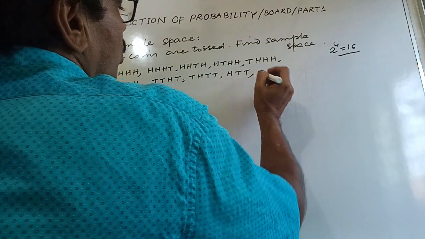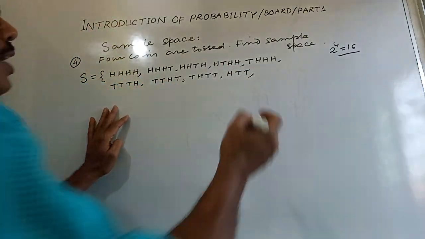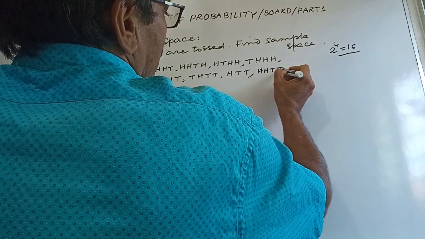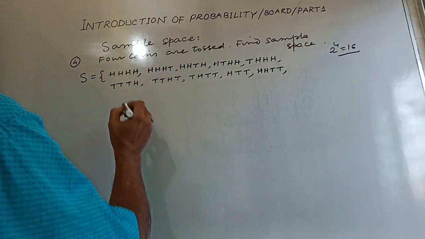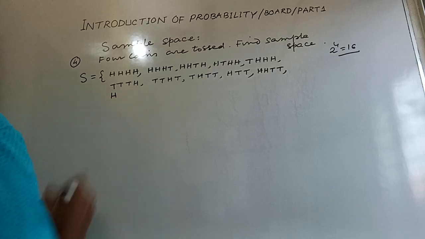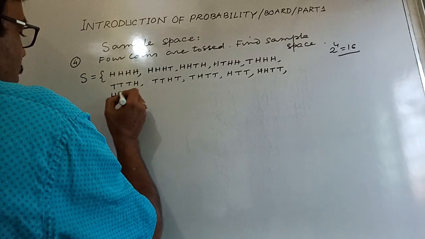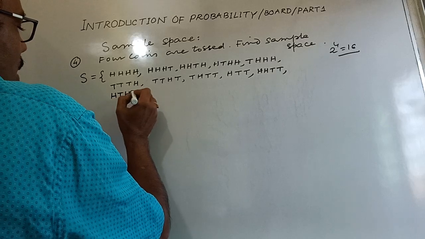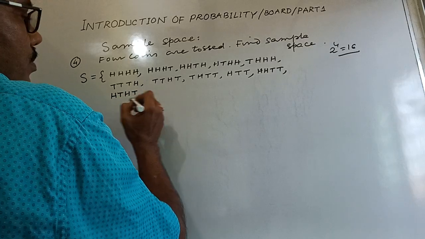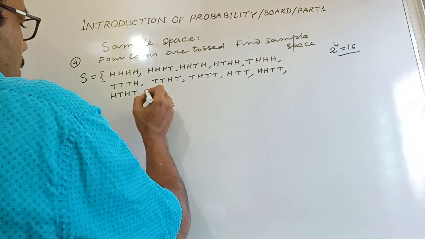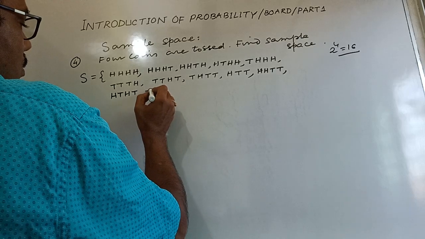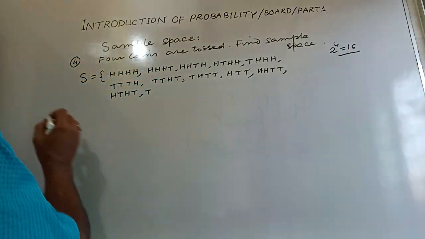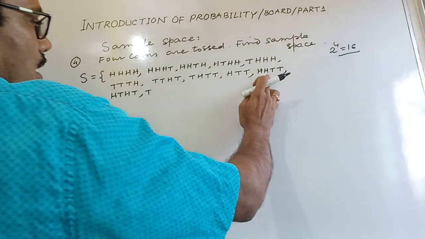Then 2 heads. 2 heads or 2 tails as you please. So HHTT, HTHT, HTTH. So you are getting 6 cases.